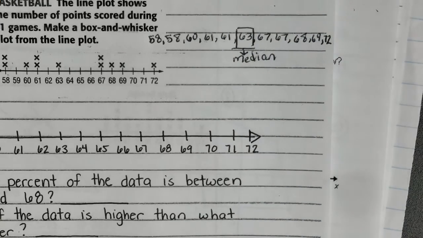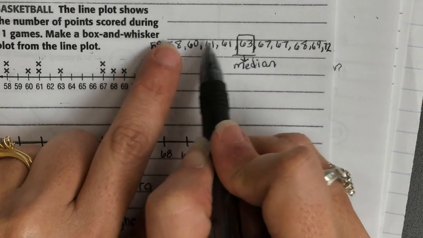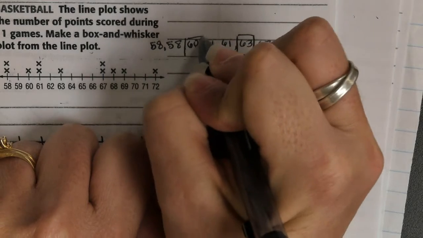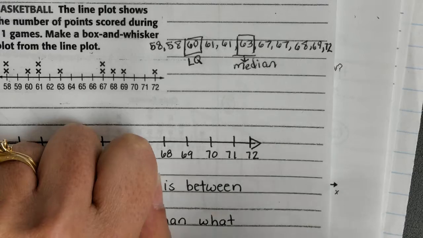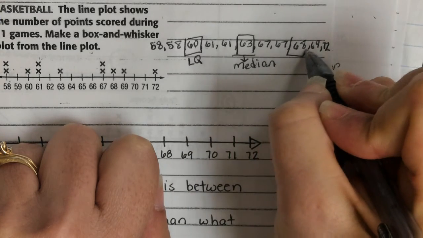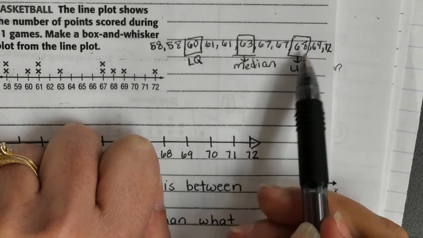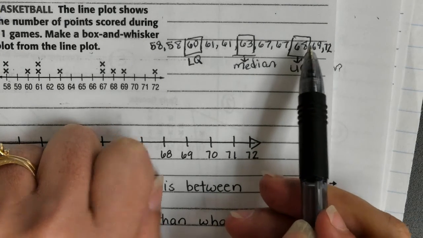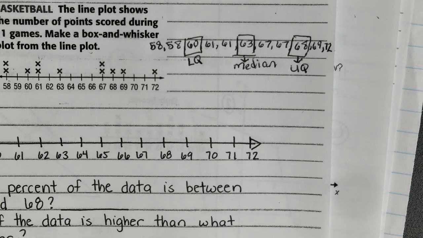Now, I need my LQ and my UQ. LQ is going to be at this end, which is 60. And UQ, 68. Wait, what? Oh, yeah, 68. Now, the only other thing they've asked us to find is the lowest number, which is 58, and the highest number, which is 72. You don't have to mark them. We can just kind of see them.